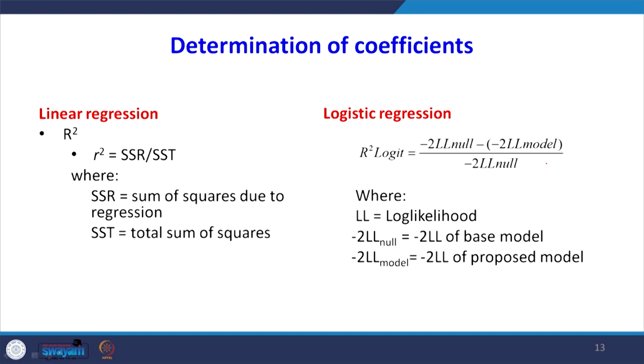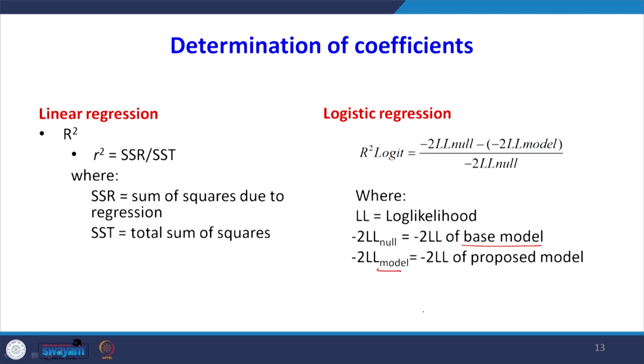I will show what the null LL and model LL are. LL is log likelihood. Minus 2 LL null is the log likelihood of the base model without any independent variable. Minus 2 LL model means the proposed model.